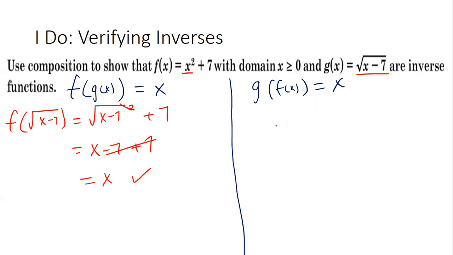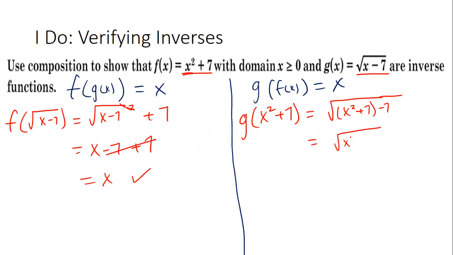So then I'm going to test it on the other side. So I have g composed with f of x equals x. So now I'm plugging in this. So we have g of x squared plus 7 equals the square root of x squared plus 7 minus 7.